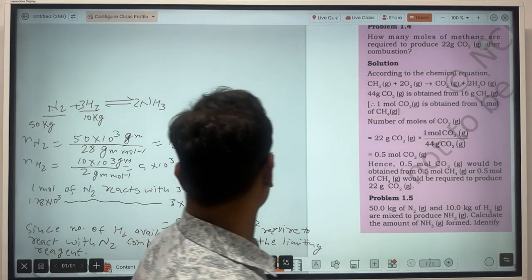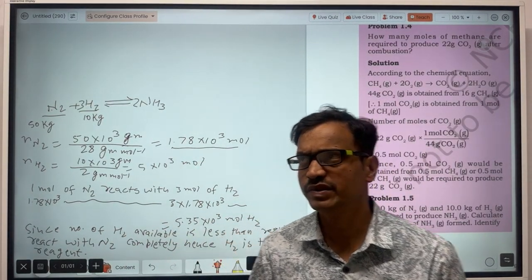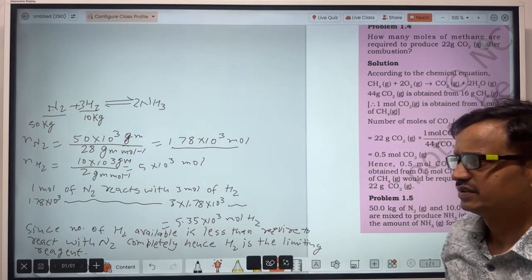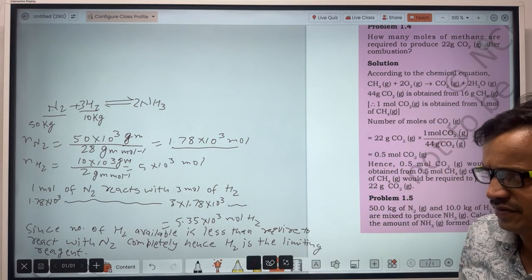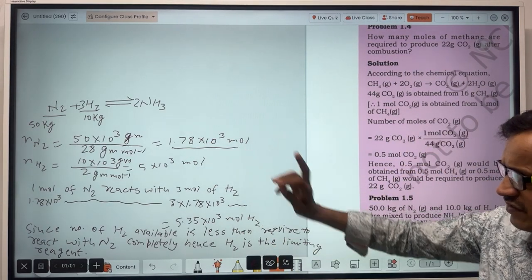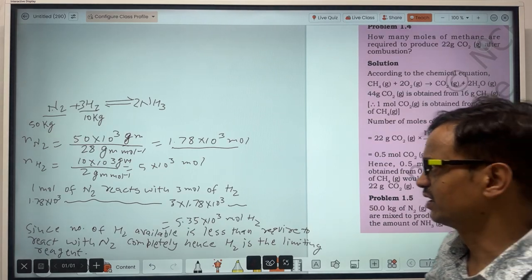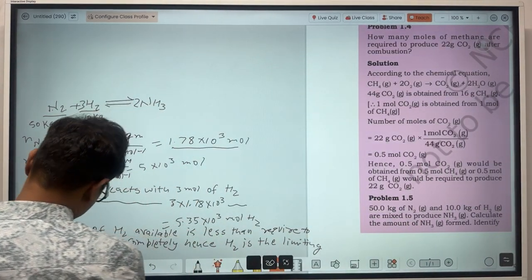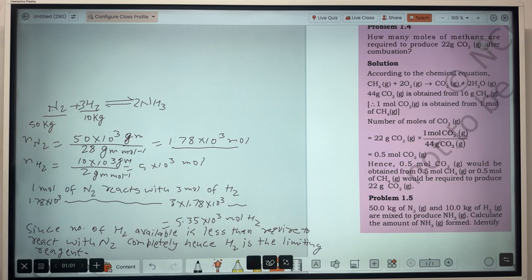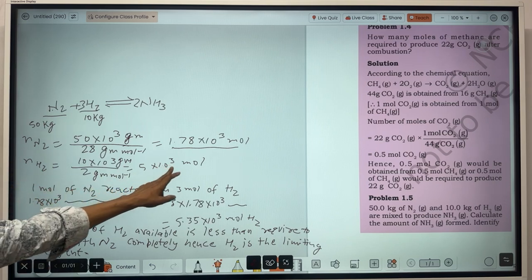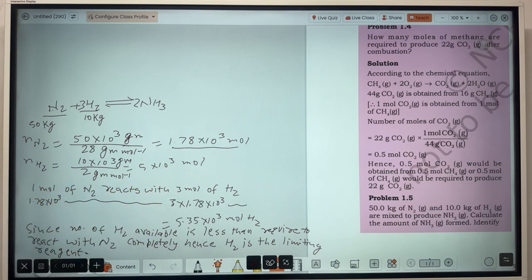Clear here? So now, how much ammonia will be produced? That will depend on the amount of hydrogen. So 3 mole of hydrogen gives 2 mole ammonia. Hydrogen is the limiting reagent, and hence the amount of ammonia produced will depend on the amount of hydrogen available here. So 3 mole of hydrogen gives 2 moles of ammonia, and you have 5 into 10 power 3 mole hydrogen.